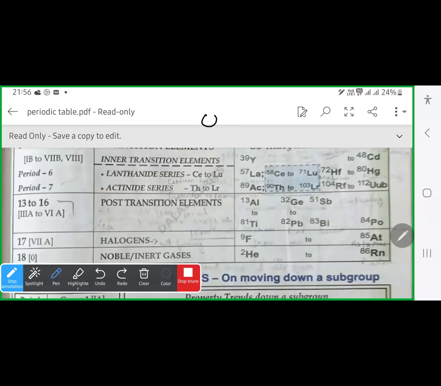And then the oxygen family, that is oxygen, sulfur, selenium, are known as chalcogens. Chalcogens means ore forming.